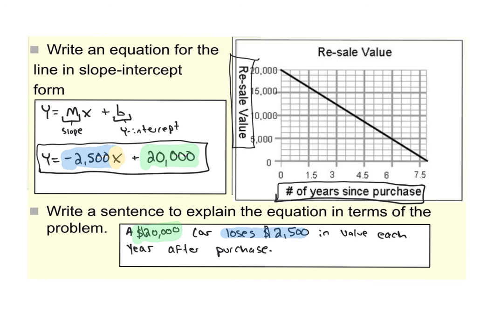My x means number of years, each year. And my y, which is my resale value, represented right there. So my whole equation is a sentence. A $20,000 car loses $2,500 in value each year after purchase.